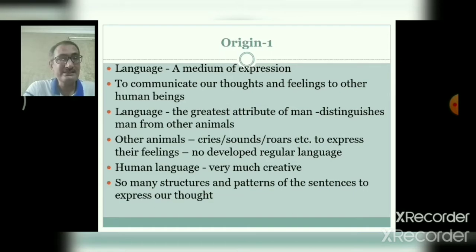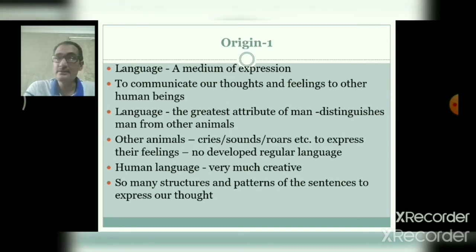Language is something that God has blessed the human beings with, because it is the only attribute that differs from all other animal kinds on the planet. This attribute distinguishes a human being from all other animals.